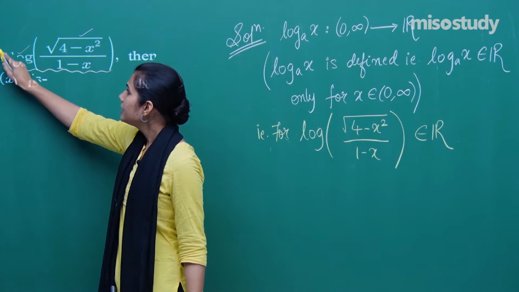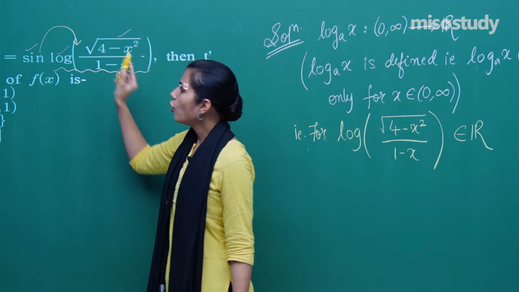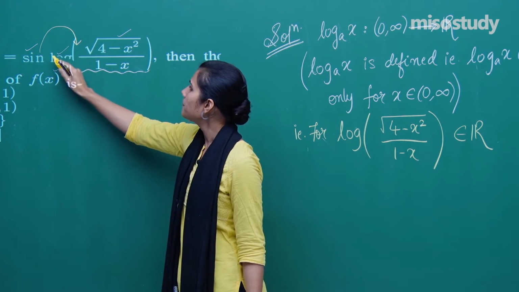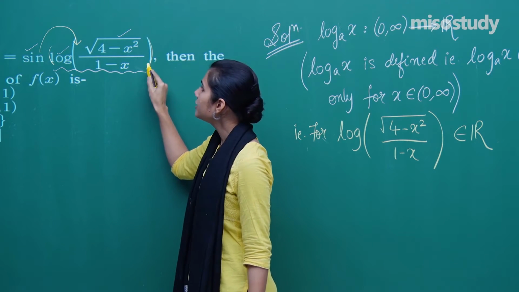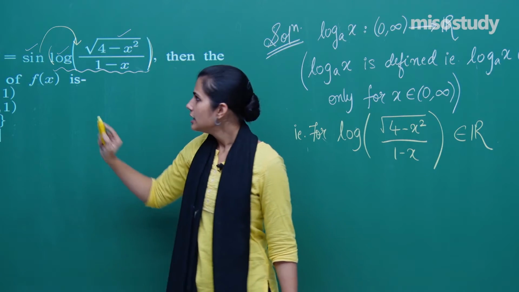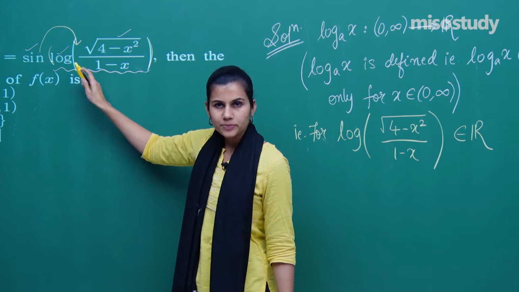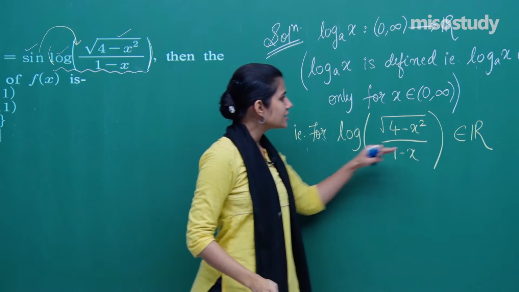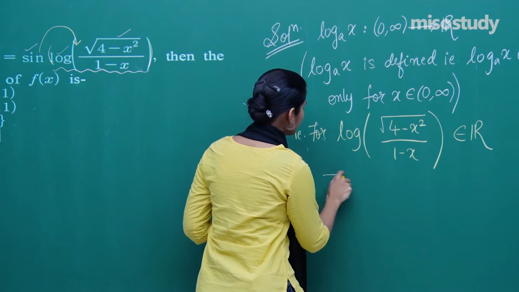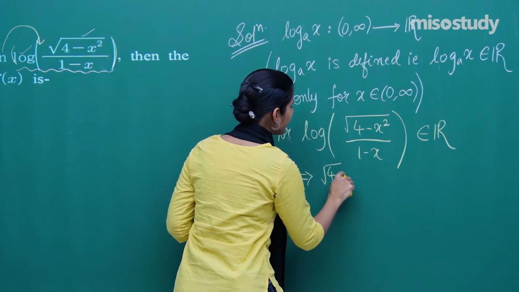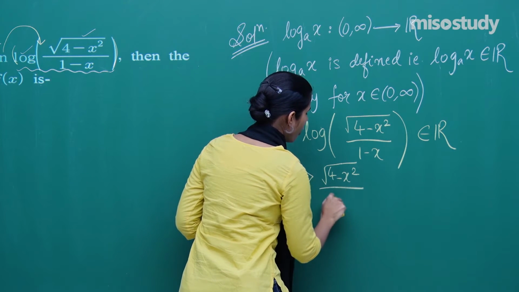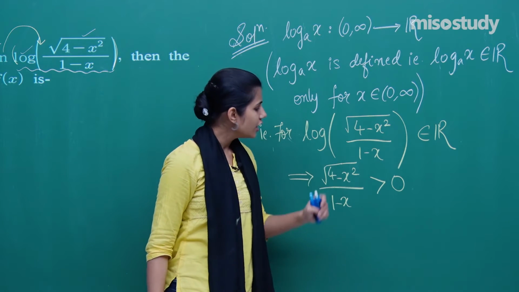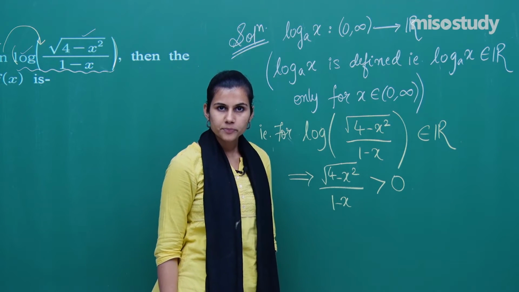Because sine can act upon only real values. Until and unless this expression complete from log till the end is a real number, sine cannot act upon it. So for sine to act upon it, this should be real. And for this to be real, I want that under root (4 minus x square) upon (1 minus x) should be belonging to (0, infinity), or it should be greater than 0.